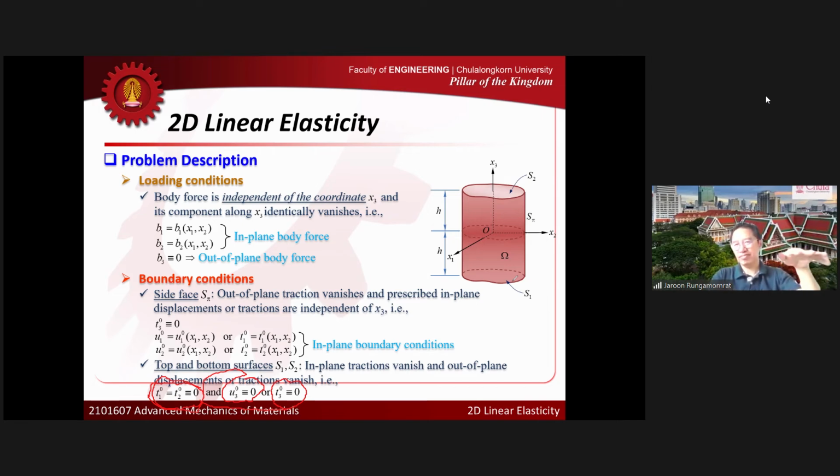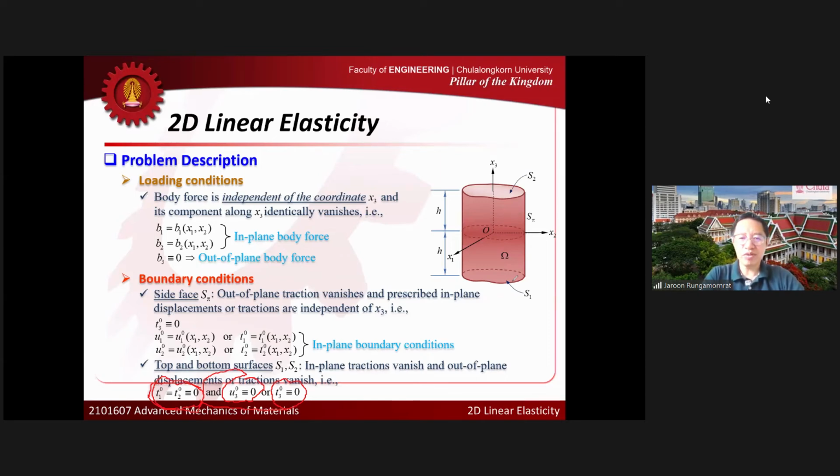Okay, is that clear? So this is the problem that we are interested in. I talk about the geometry, the material property, the loading condition, the boundary condition. All this information is assumed in the way that I just mentioned. So this is the class of problem that we are interested in.